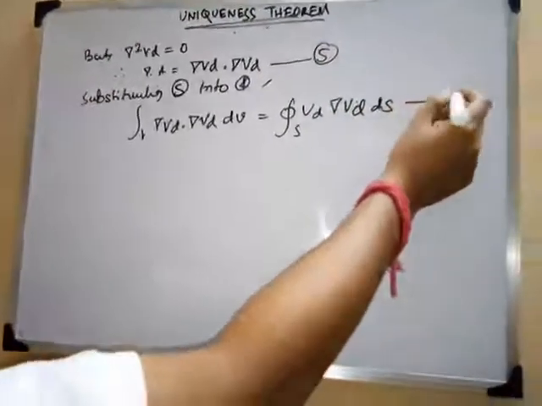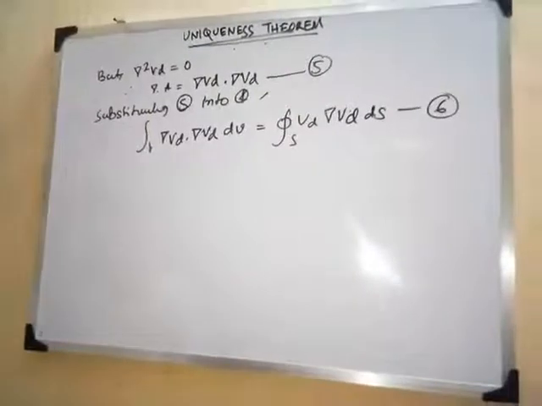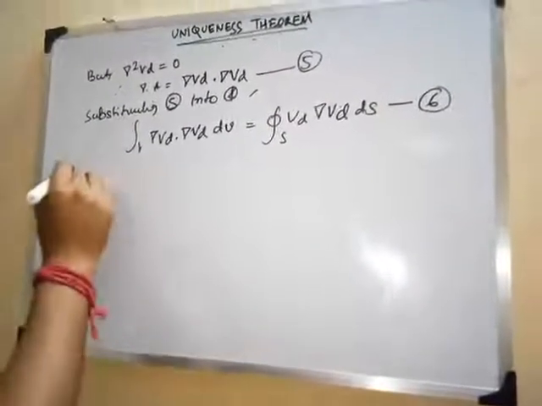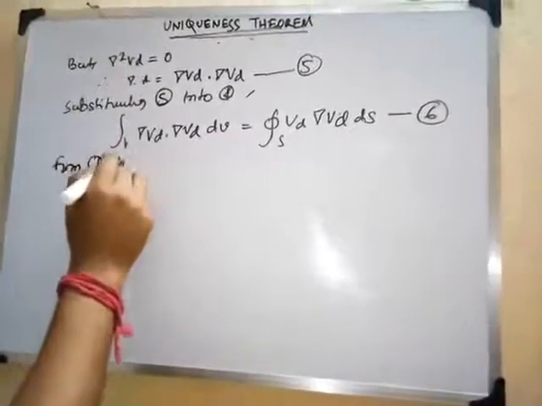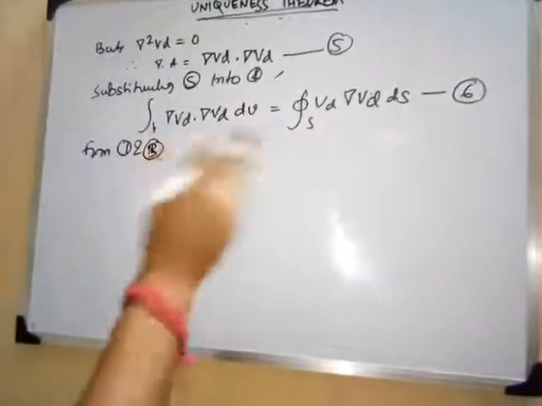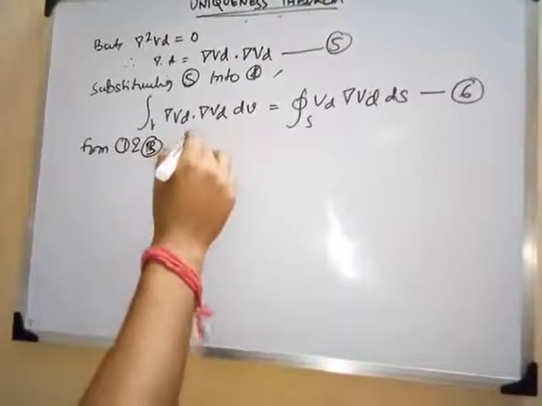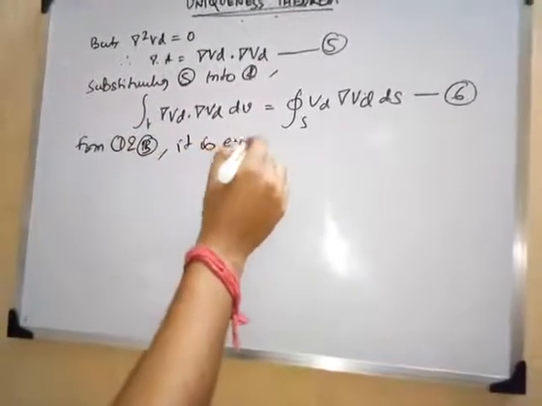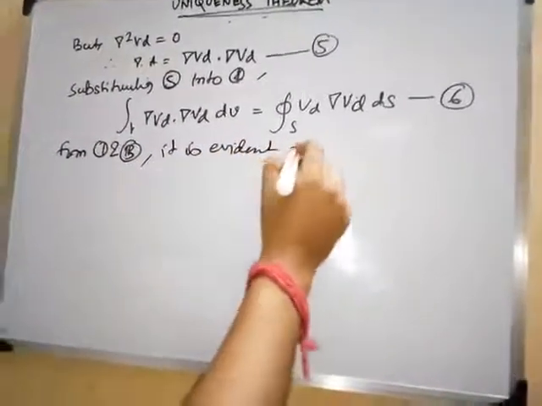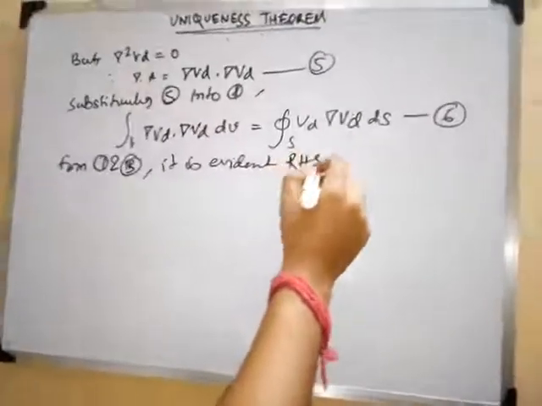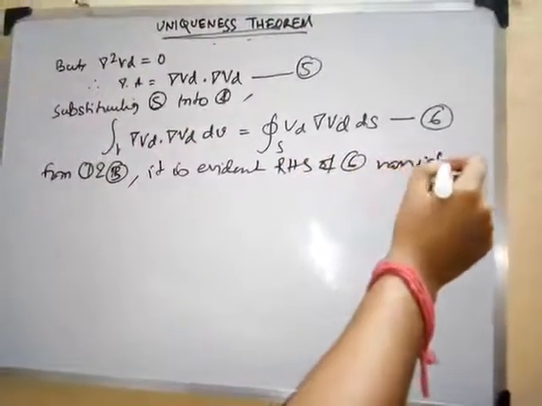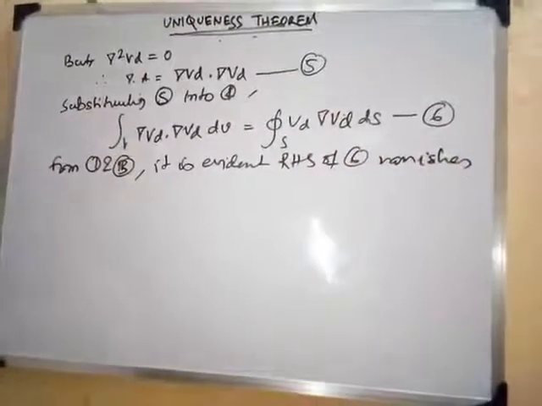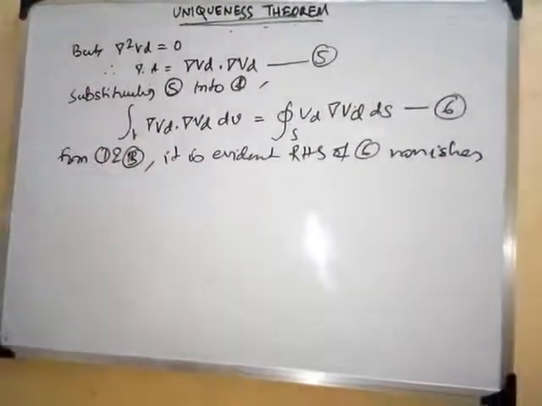Let us take this as equation number 6. Now from equations 1 and 3, it is evident that the right hand side of equation number 6 vanishes.